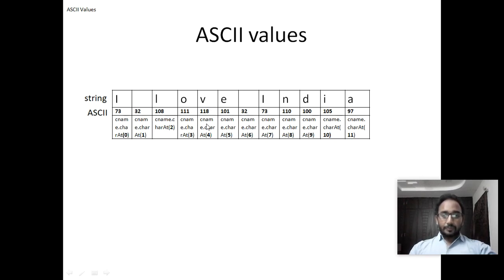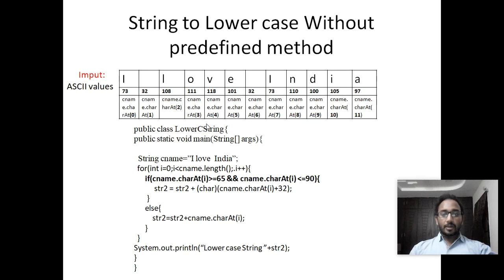Now we are going to see how the string operations can be performed. My objective is to convert a string text to lowercase text. What I need to do is get each character in the text with the help of the charAt method.